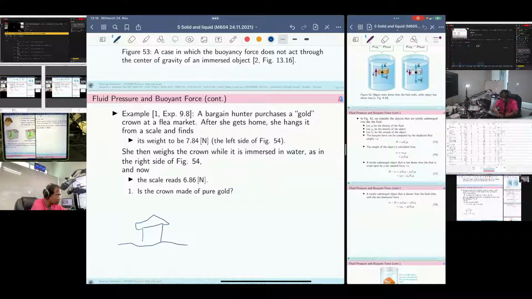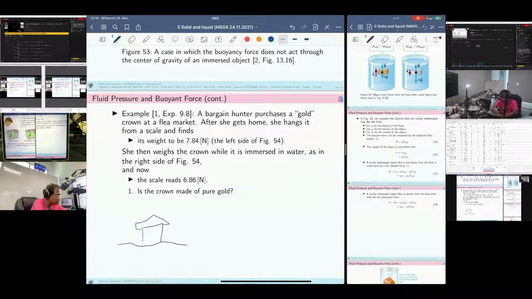As on the right side of figure 54, she leaves it at 7.84, and in the second situation, she leaves it inside a liquid, which is again inside a container, and she found that the weight of this object now becomes 6.86, right? So the question is, is the crown made of pure gold?